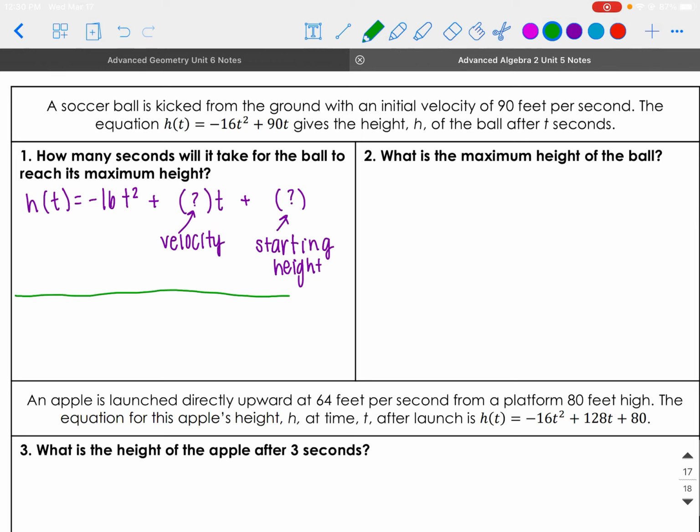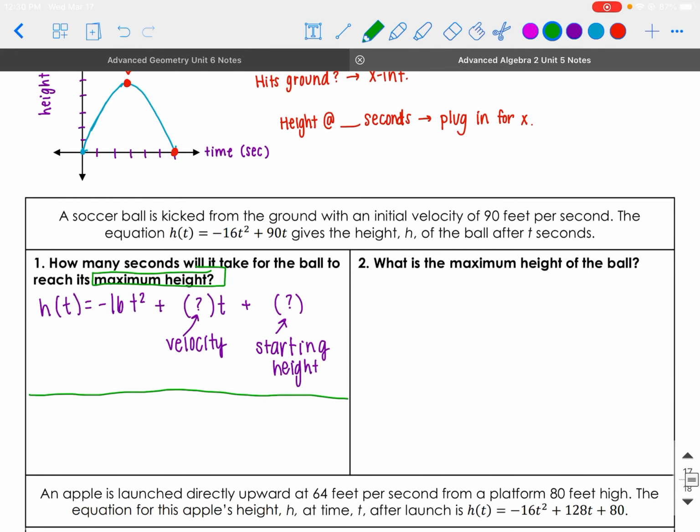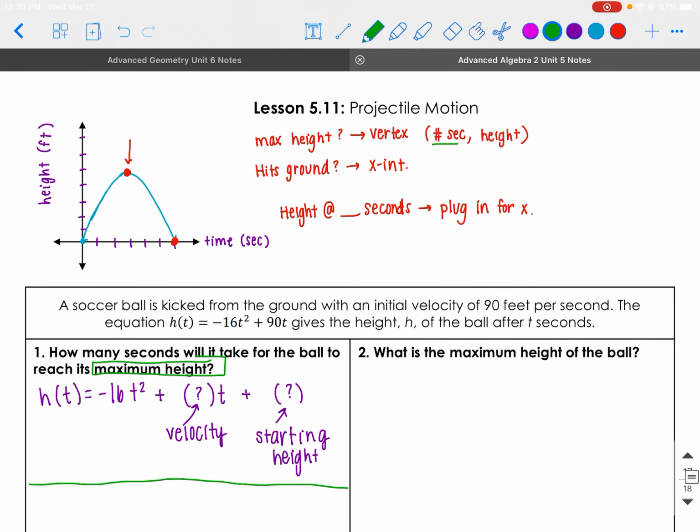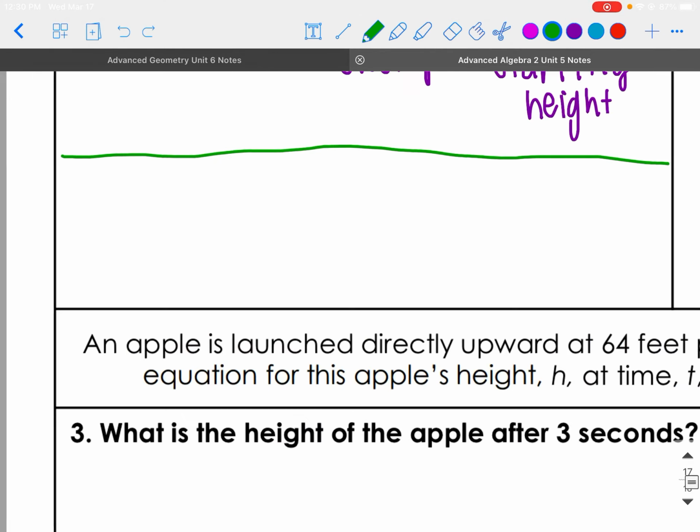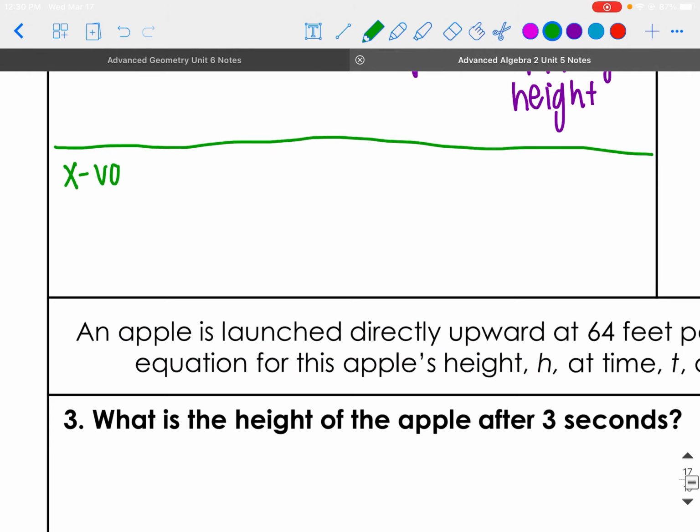Now it's asking how many seconds will it take to reach the maximum height. And so maximum height, that's our vertex. And the number of seconds is the x value of the vertex. So we need to find the x value of the vertex. All right, so that is the formula, negative b over 2a.